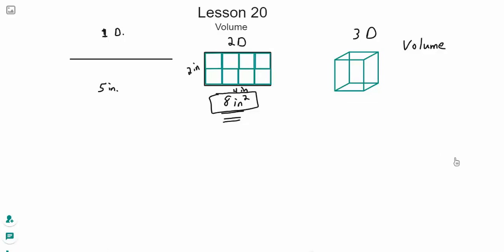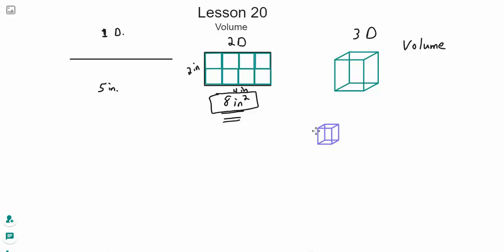So let's say I pull something over here. We're going to call this guy a cube. What that means is the height is 1 unit, maybe in this case 1 inch. And then the bottom length is 1 inch. And how deep is it? Well, that's also 1 inch.